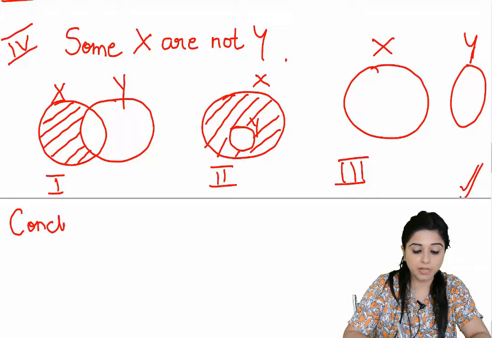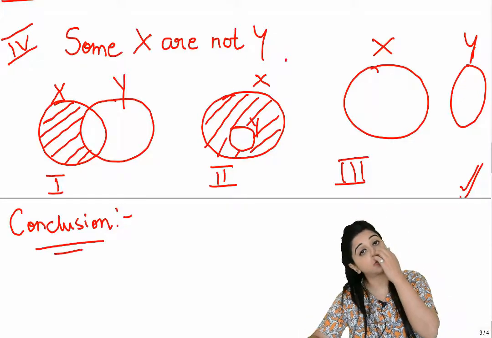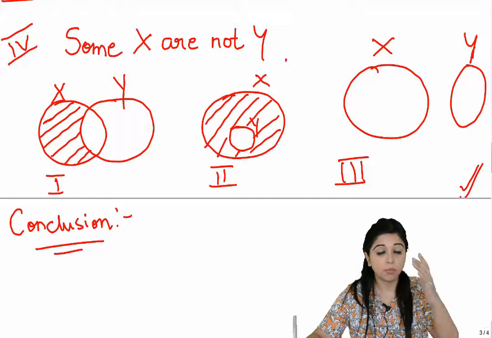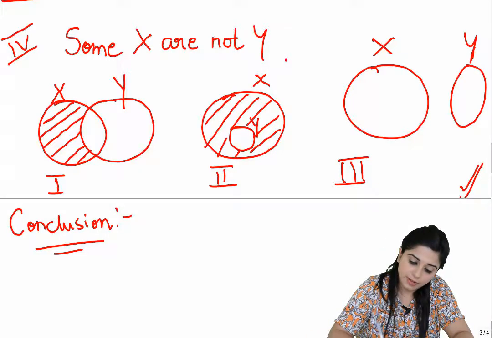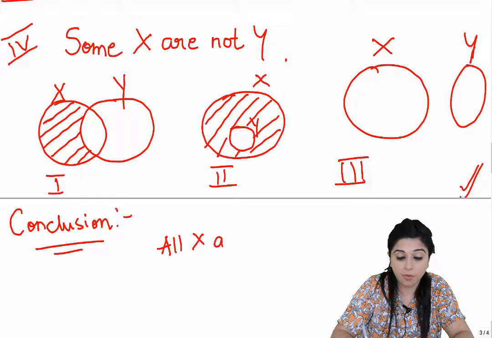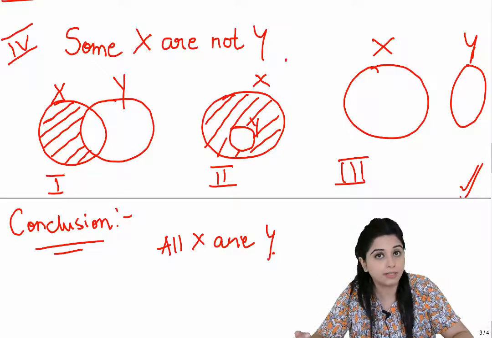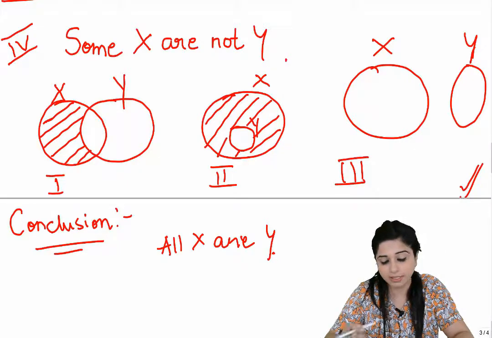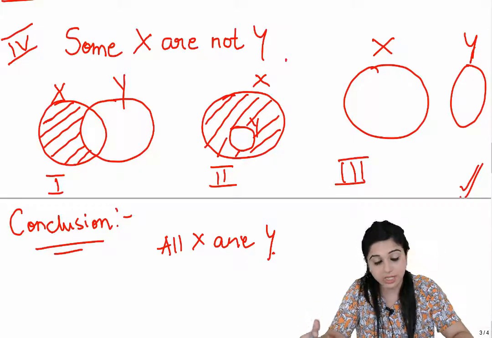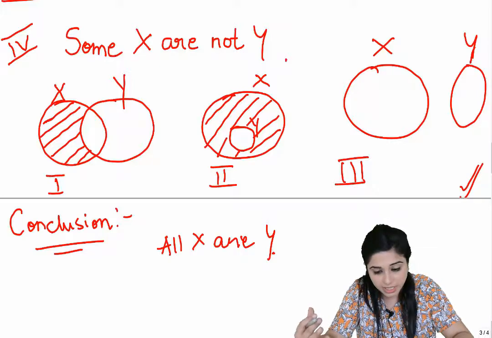Now we've got to look at the conclusion part of it. I want you to take a moment and think about what the possible conclusion can be. Are you thinking about all x are y as a possible conclusion? Can all x be y over here? Of course they're not, because it's not possible for the first representation, it's not possible for the second representation either.